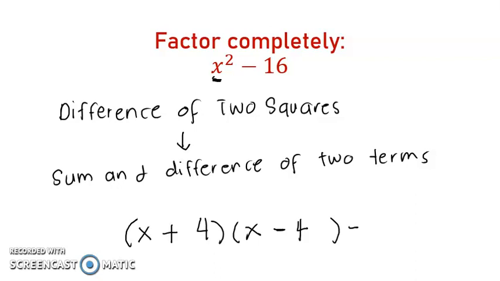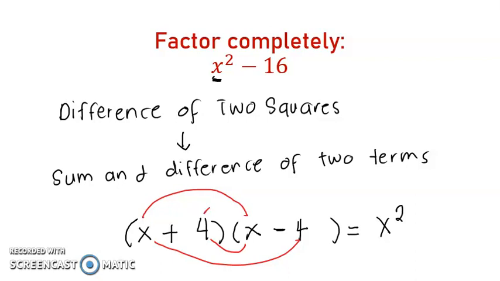Now, how are we going to check if our answer is correct or not? Simply, we will just multiply again the factors. Okay, so multiplying x times x, we will have x squared. And then, multiplying the outer and the inner, it's negative 4x and positive 4x. Therefore, it will be canceled out.